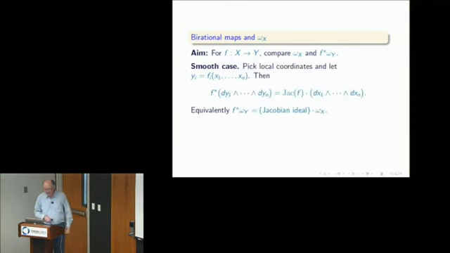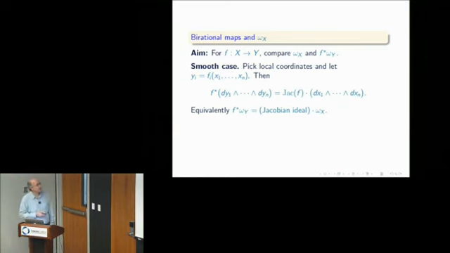Now, in the smooth case, this is well known. We teach it in some engineering math courses. So you just pick local coordinates, and then the pullback of a section of the dualizing sheaf is just the Jacobian of f times the natural section you would write down on X.